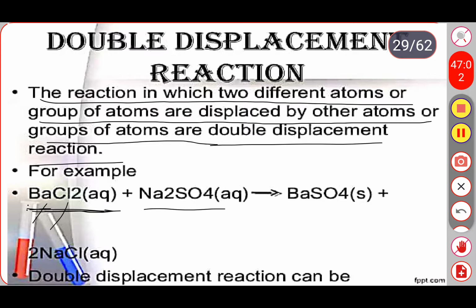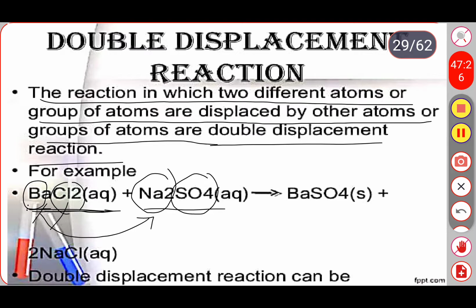So these ions will be exchanged with each other. This Ba will be combined with the second compound, and Na will take the position of the first element. It means in this type of reaction, two compounds change their ions.